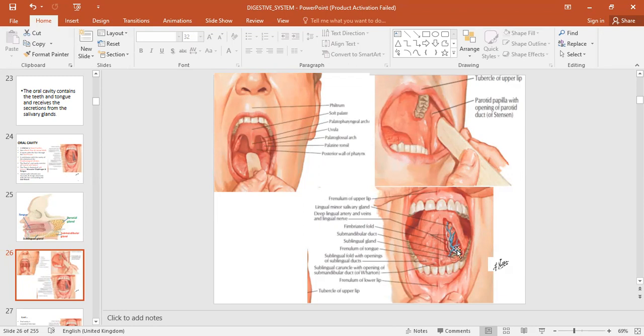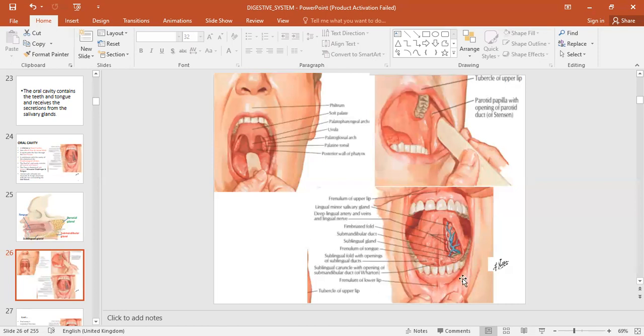Before I leave the lips, there's one more structure of importance known as a labiofrenulum. You see that part here? This is connective tissue. A frenulum in anatomy is an anchoring structure. It's a structure that attaches one structure to the other. So whenever you hear frenulum, think of that idea. There are two labiofrenula, the upper labiofrenulum and the lower labiofrenulum.